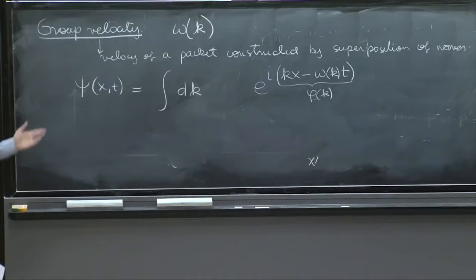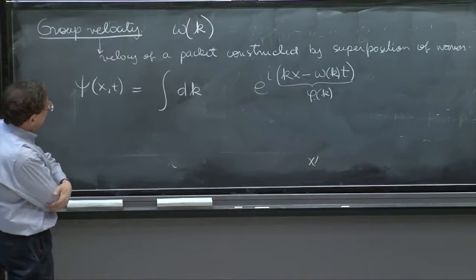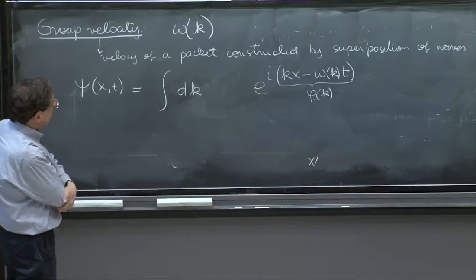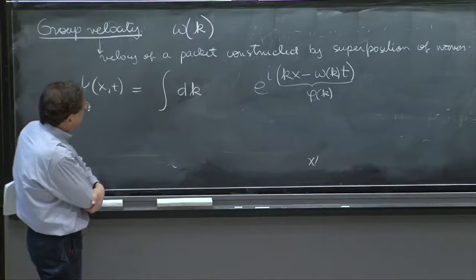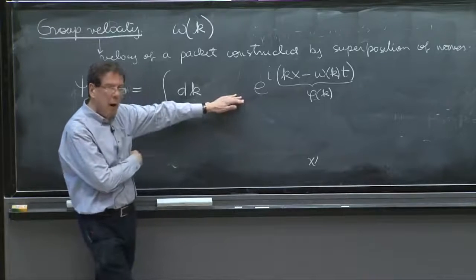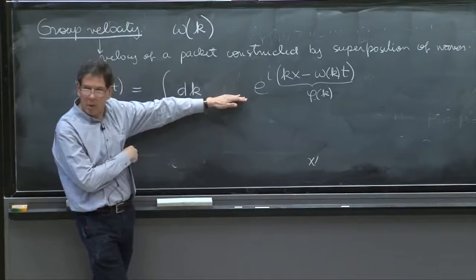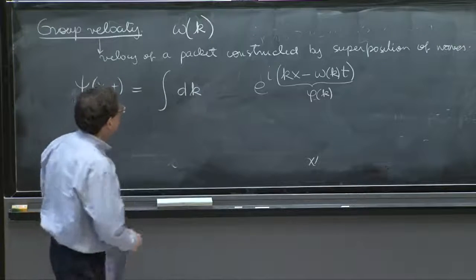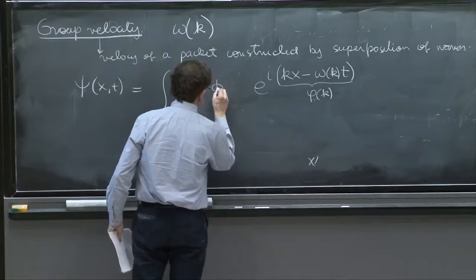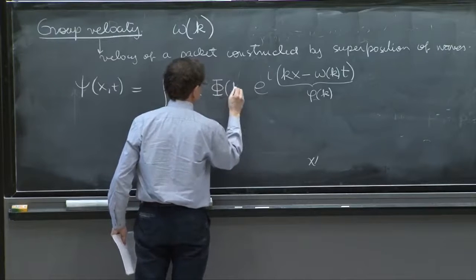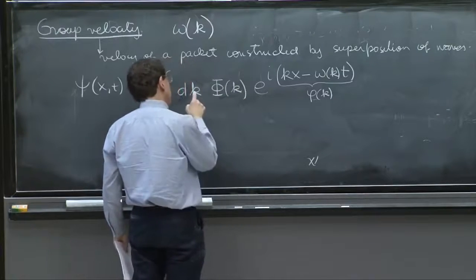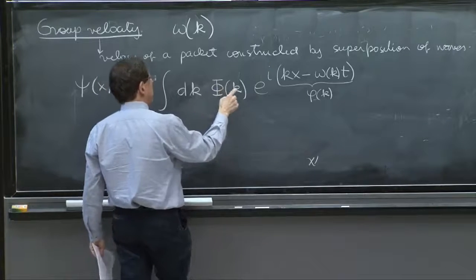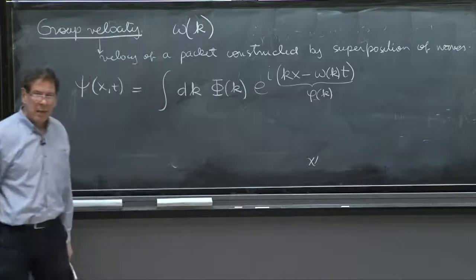So that's one wave. It could be sines or cosines, but exponentials are nicer, and we'll do it with exponentials in this case. But you superimpose them, and each one may be superimposed with a different amplitude. So what does it mean? It means that there's a function, phi of k here. And for different k's, this function may have different values.